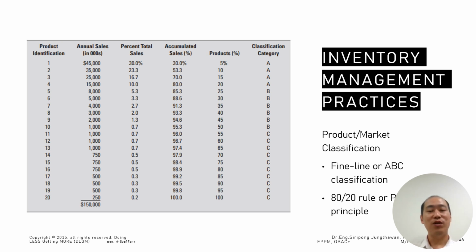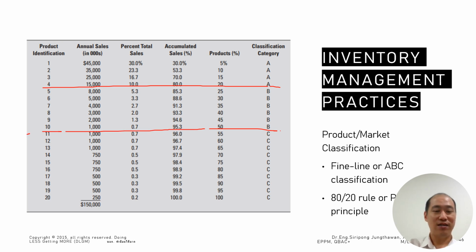So we have an inventory management policy, and then you use A, B, C. The last time I discussed with you A and B and C also. A is the important one. It's just like 80%. You can see 80% in here. So just 20% of the items but impact your 80% of sales.